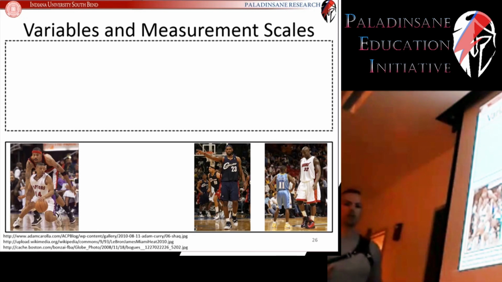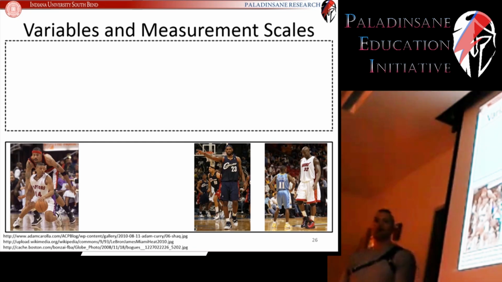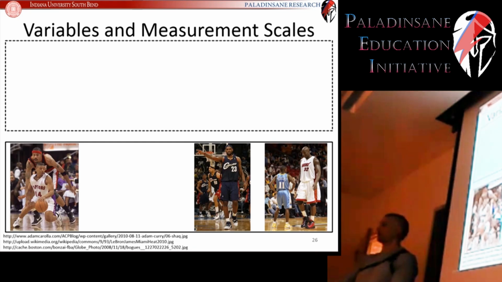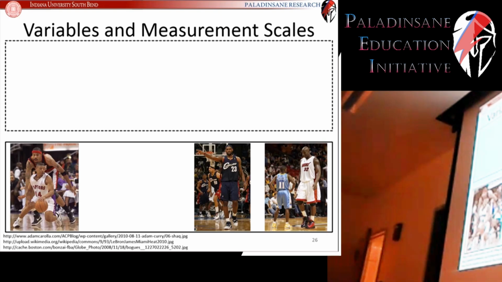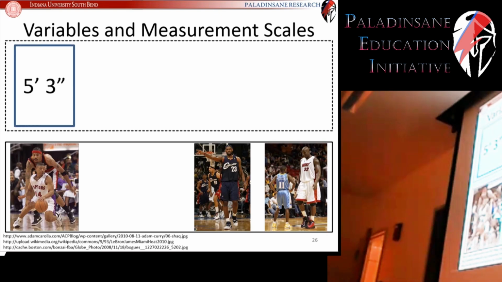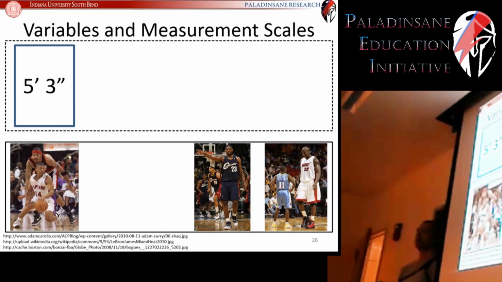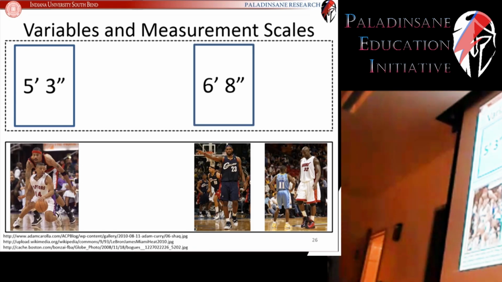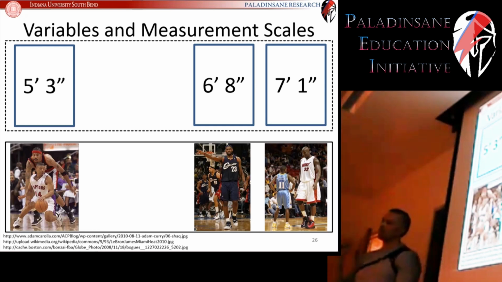We can measure their true heights using a variety of different measurement scales. One measurement scale is to use a tape measure. You literally start at the bottom, go up to the top of their heads, and see how tall they are. If you used that tape measure, you would find that Muggsy Bogues was 5'3", LeBron James is 6'8", and Shaquille O'Neal is 7'1".